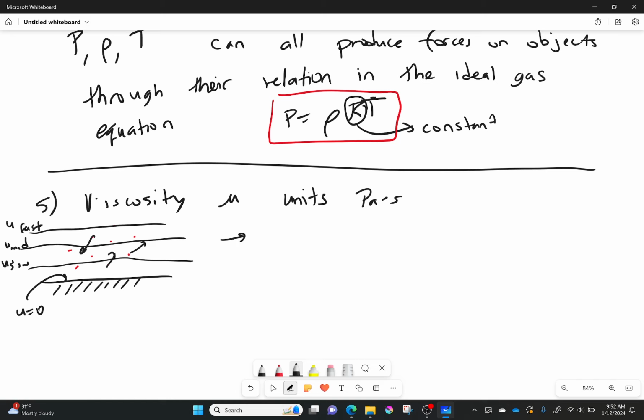So viscosity is a coefficient that represents fluid friction.